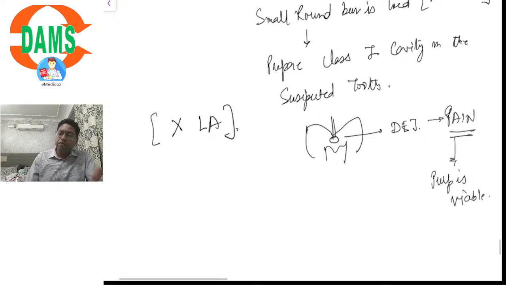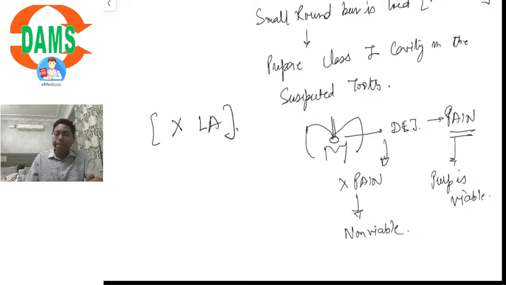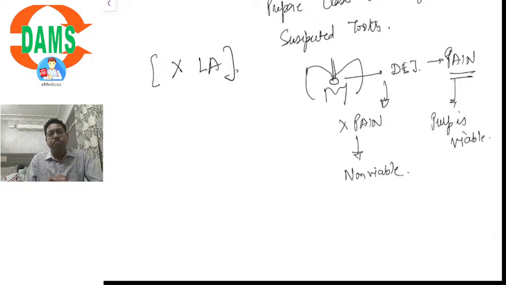If, while doing this, we have penetrated the DEJ and there is no pain to the patient, the pulp is considered to be non-viable or degenerated. So this is called test cavity. If the patient is feeling pain, we would seal the tooth. If the patient is not feeling the pain, we would proceed further as the need may be for doing pulpectomy or root canal therapy.